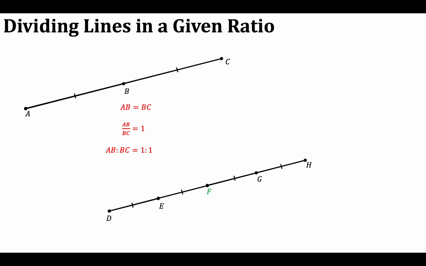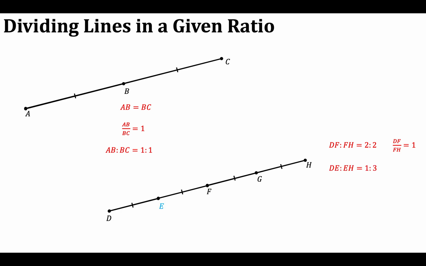So let's firstly look at the line DH and the ratio in which F splits the line DH. So we can firstly say that DF to FH is 2 to 2, or simplified is 1 to 1. And that means that the fraction DF over FH is 1.